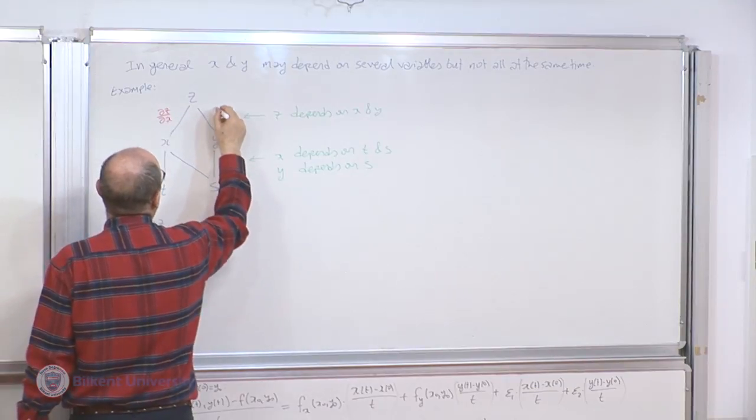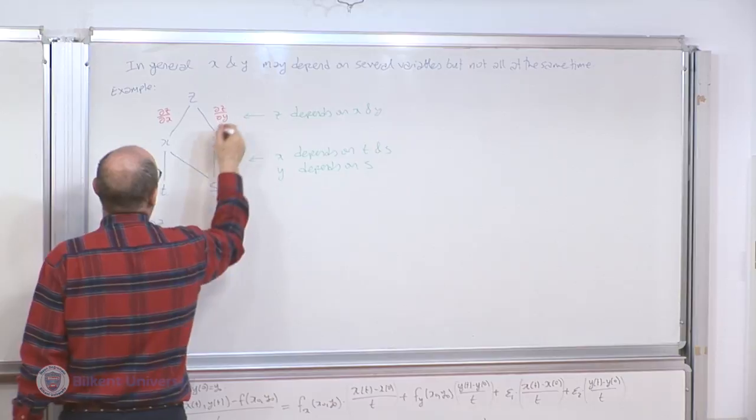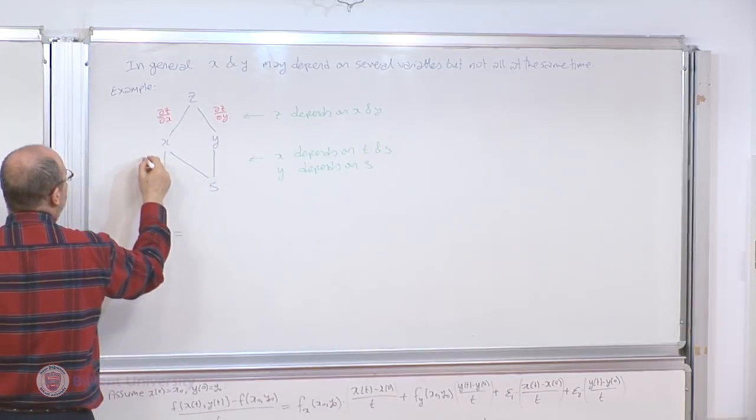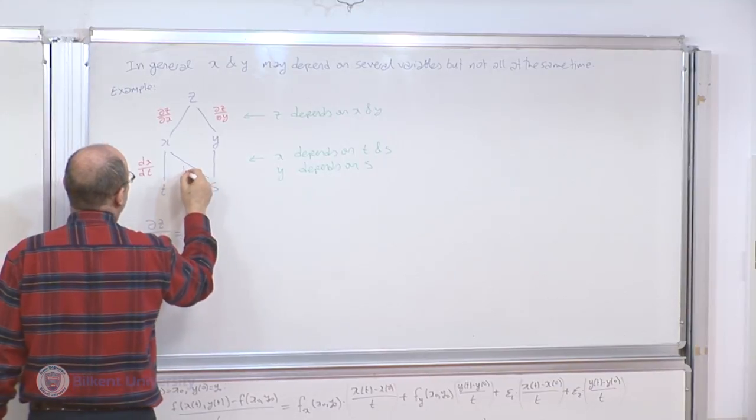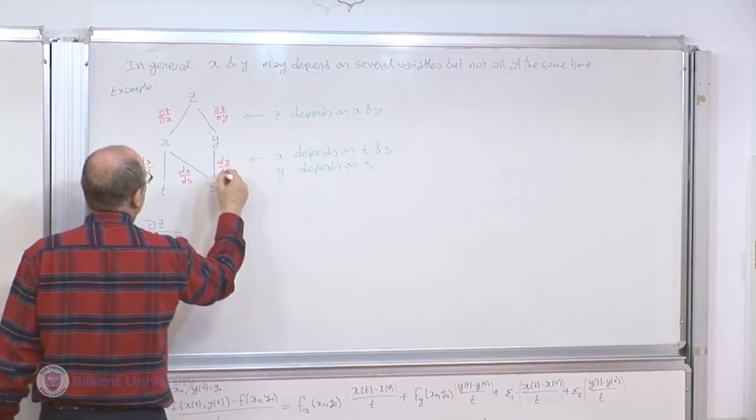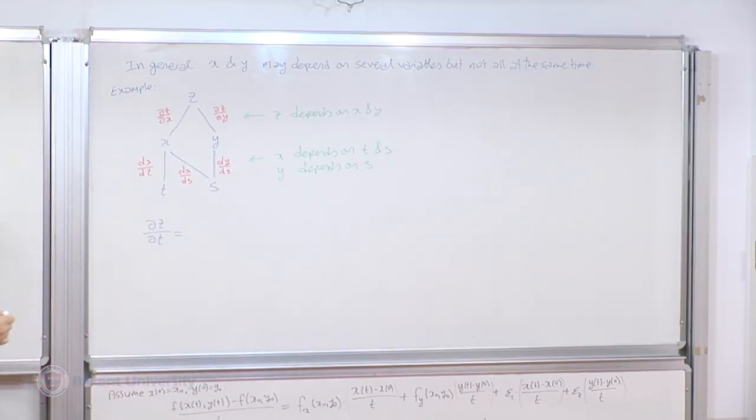This path is derivative of z with respect to y. This part is derivative of x with respect to t. This part is derivative of x with respect to s. This is derivative of y with respect to s. You don't write those things in your mind because it's obvious and you are going to write them here anyway.